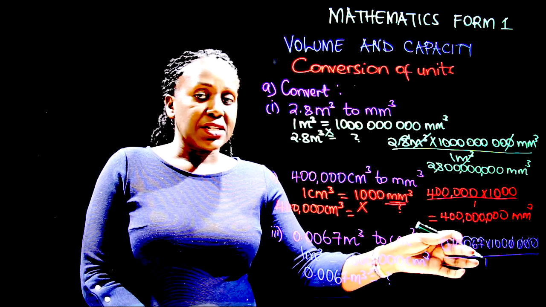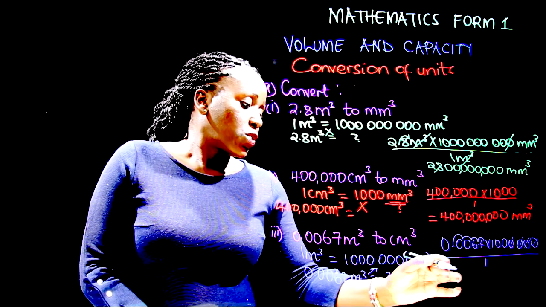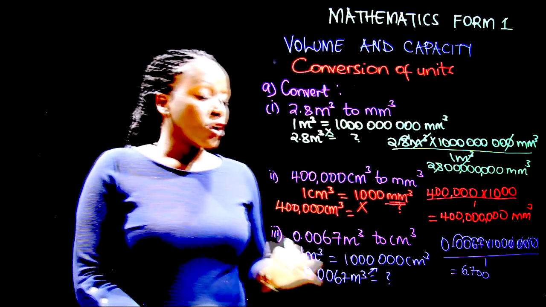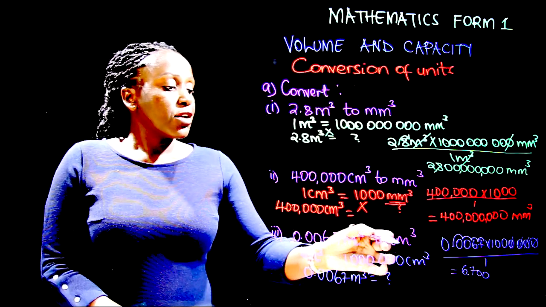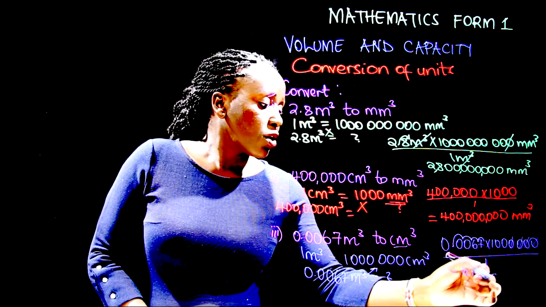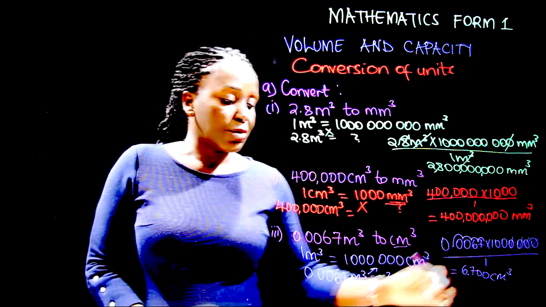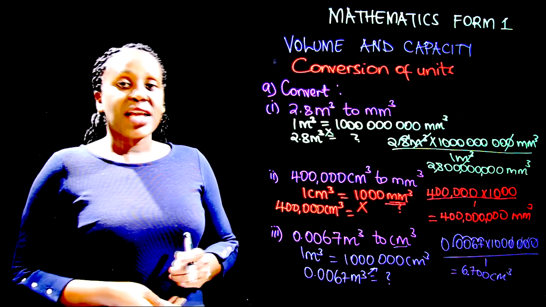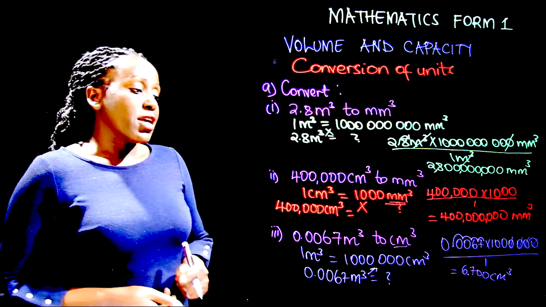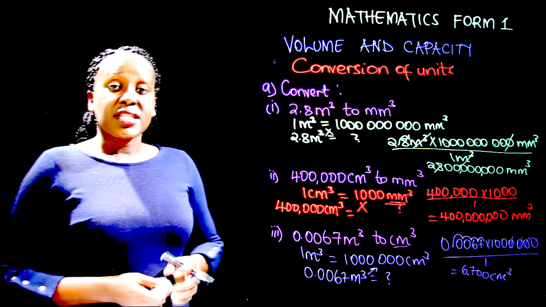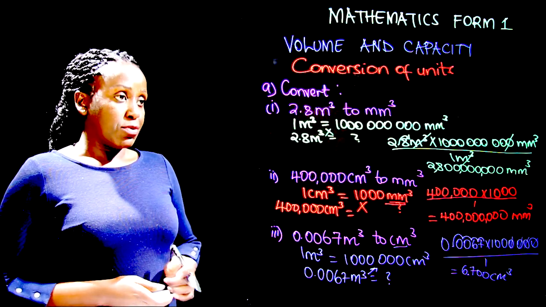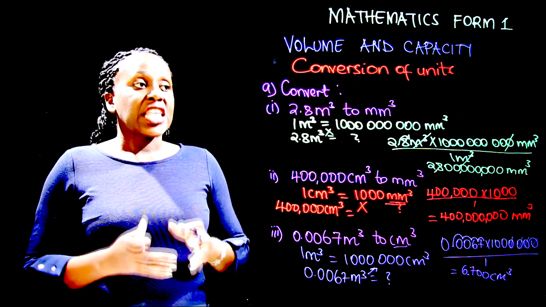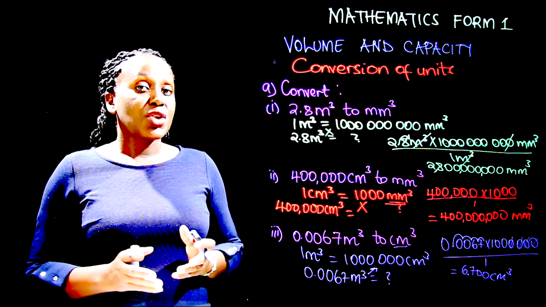So we have 67 times 100, which is equal to 6,700. What were we looking for? We were looking for centimeters cubed. So 0.0067 meters cubed will be equal to 6,700 centimeters cubed.